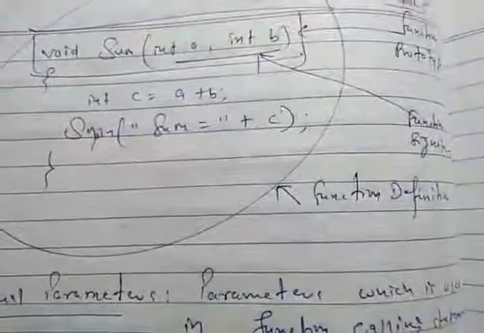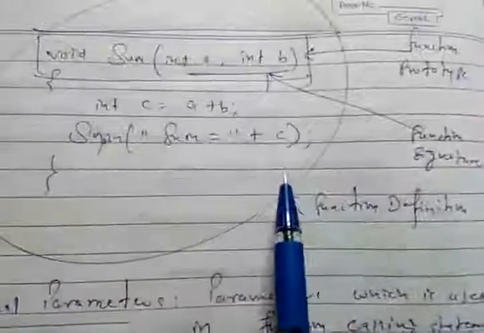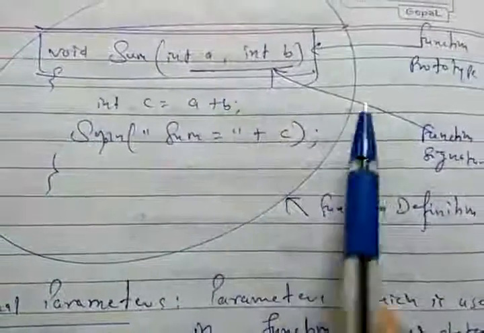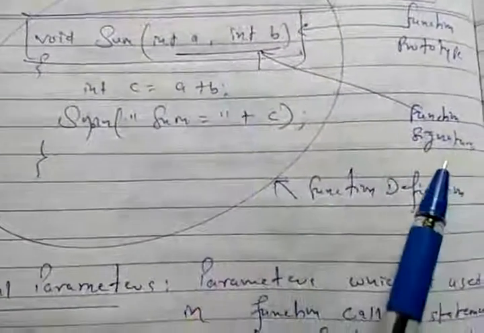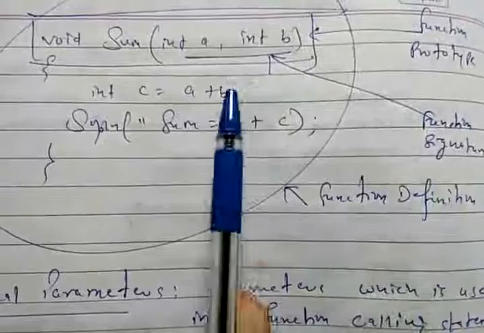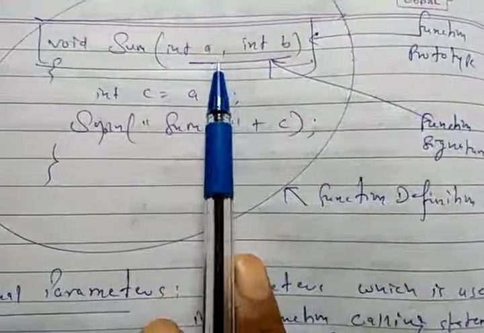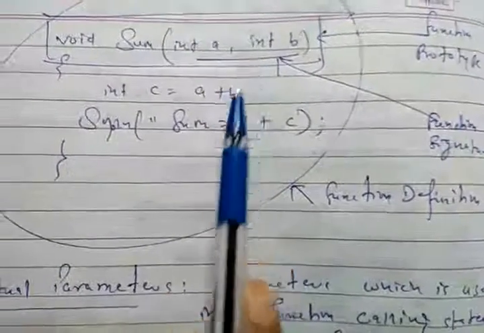This is called a function signature. So the first line of a function definition is called a function prototype. If there are parameters, that is called a function signature, which represents the number of parameters. Here the number of parameters is 2, and the type is integer.